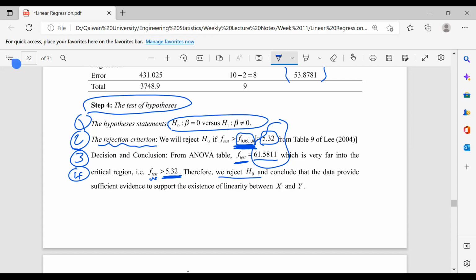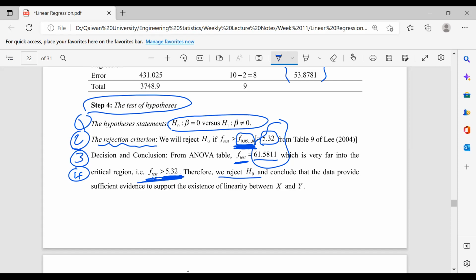If it's greater than F of alpha with 1 and n minus 2, or if it's less than minus F of alpha with 1 and n minus 2, we reject the null hypothesis.